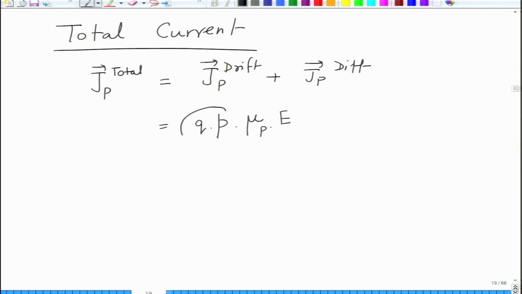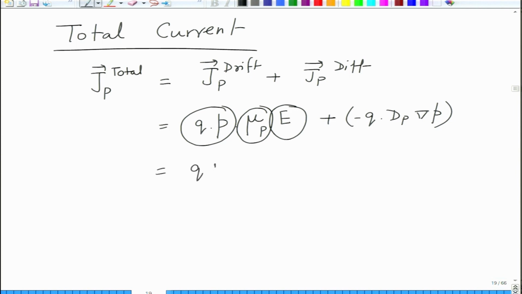This is the total amount of charge per unit volume, this is the mobility, and this is the electric field, plus what is Jp diff? It will be minus q Dp into del of p. So this becomes q p mu p E minus q Dp del of p.